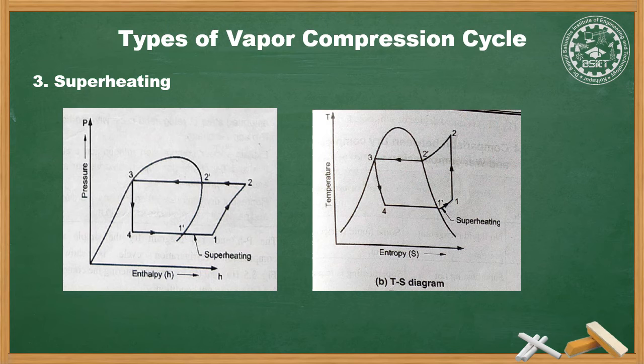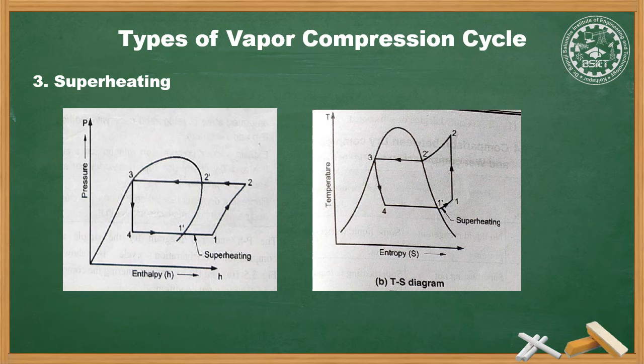We have to superheat the vapor entering into the compressor. In this cycle, the evaporation starts at point 4 and continues up to point 1 dash when it is dry saturated. The vapor is now superheated and enters the compressor at point 1 by passing the vapor through the superheater.